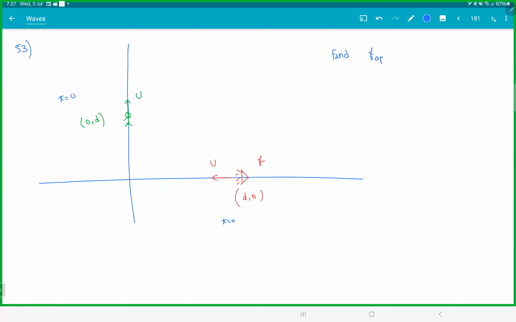Find the apparent frequency heard by the observer when the source is at the origin. That's the question.